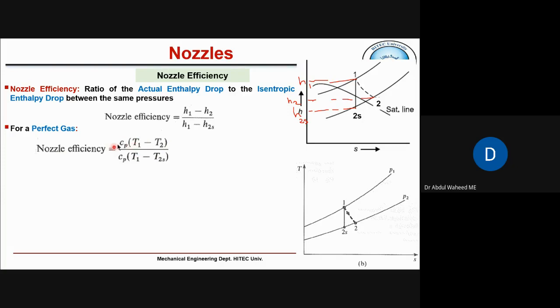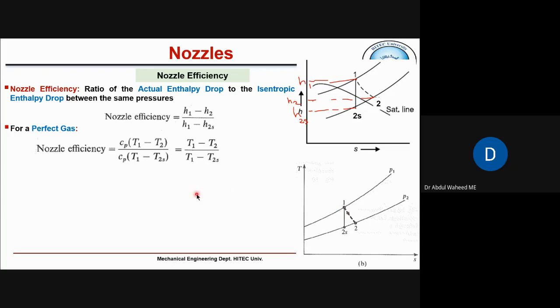If we assume this Cp as constant from 1 to 2 or from 1 to 2s, then Cp will cancel. So here we have nozzle efficiency in terms of temperatures also. Even actual temperature drop divided by isentropic temperature drop. And here you can see isentropic temperature drop, 1 to 2s, is more than actual temperature drop, which is 1 to 2.